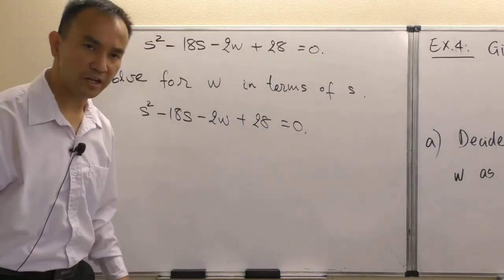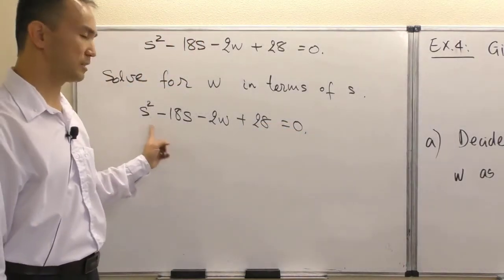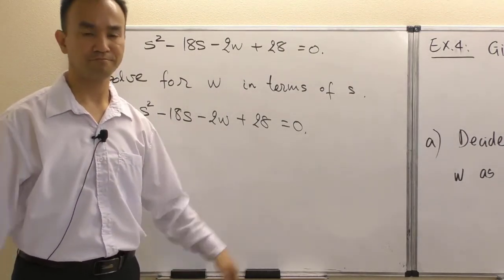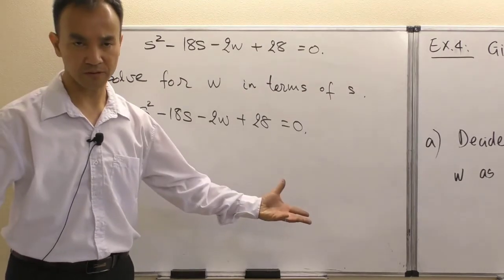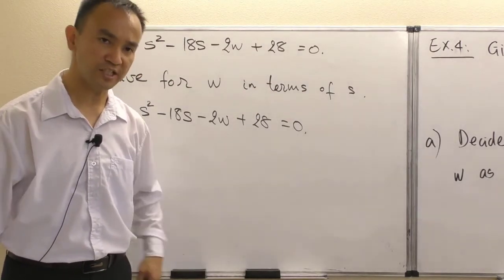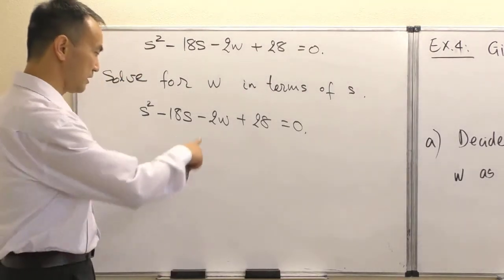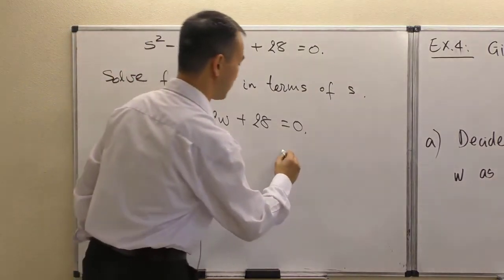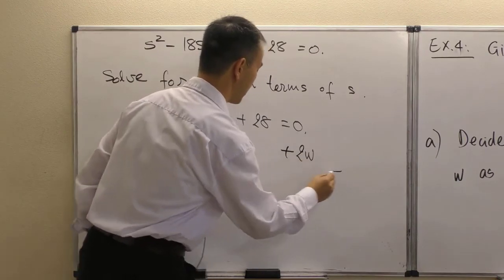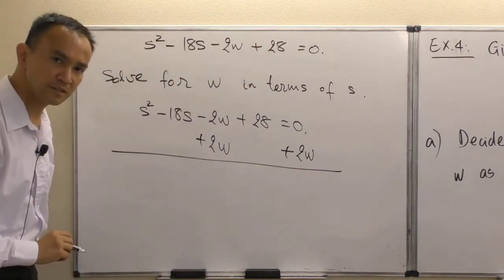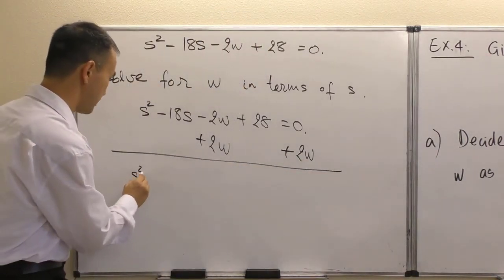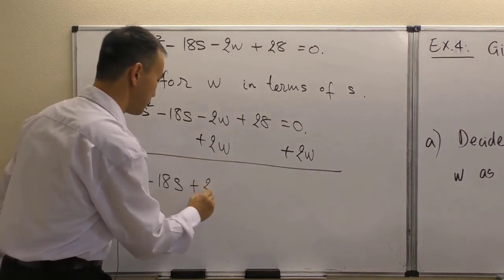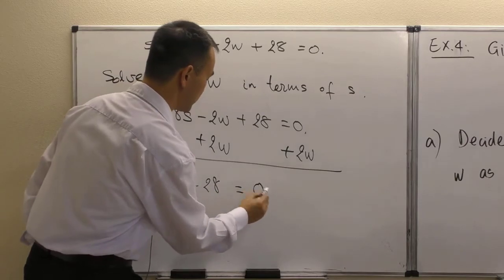You can subtract the same expression from both sides, or add the same expression to both sides. Here it was already a subtraction, so I'm going to add 2w to both sides, and I end up with s squared minus 18s plus 28 equals 2w.